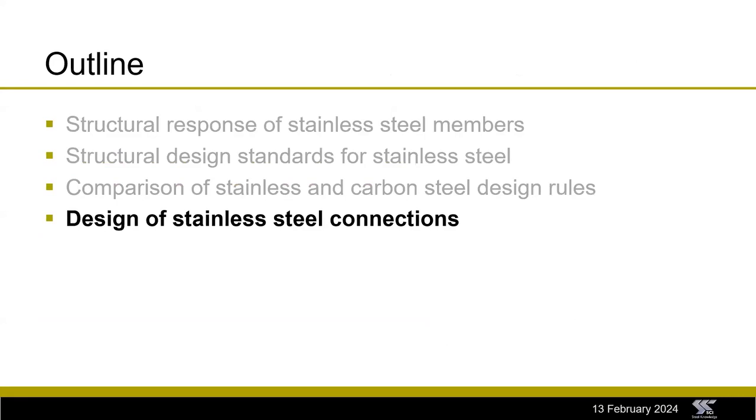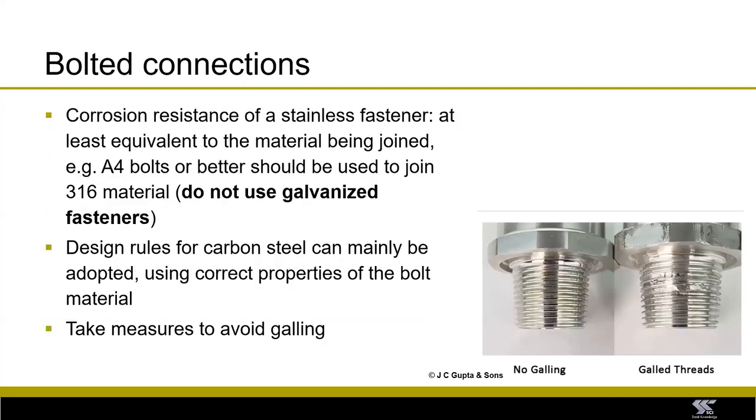I have a couple of minutes to talk a little bit about stainless steel connections. Firstly, bolted connections. I think I mentioned it last week, but it is very important that the corrosion resistance of a stainless steel fastener should be at least as good as the material it's joined. And not only the fastener, of course, the washer and the nut.